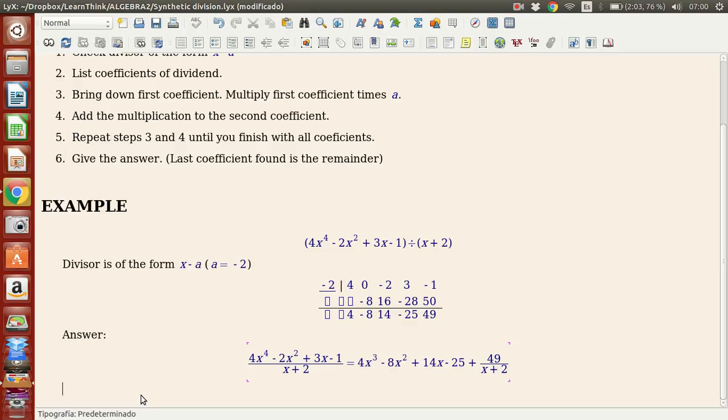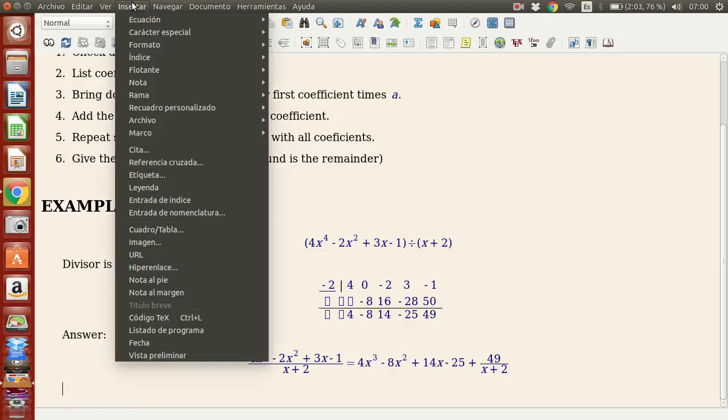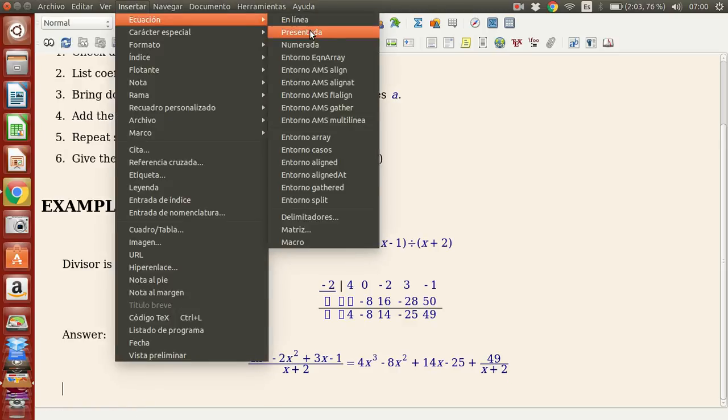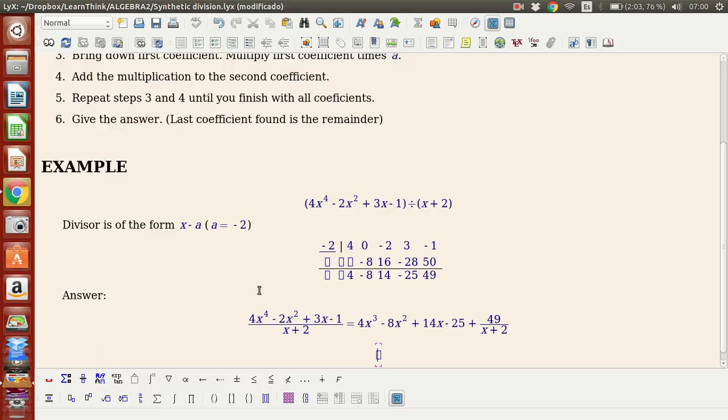The other way to write the answer, I prefer to use this because it helps you to understand factoring as a way to have factors.